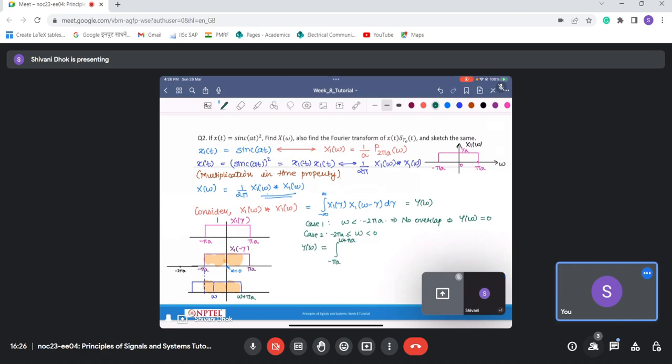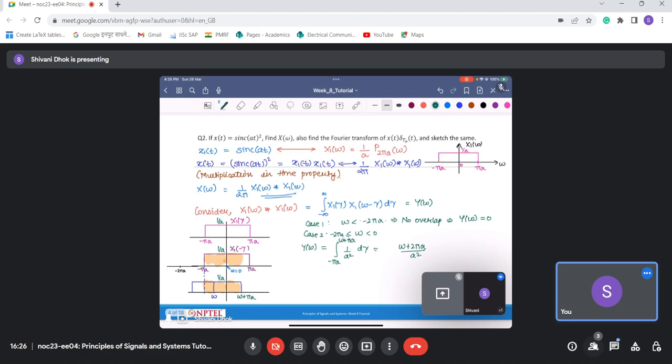The amplitude is 1 by a, so x1 of omega has magnitude 1 by a, and this will be 1 by a square d gamma. So this comes out to be omega plus 2 pi a by a square.